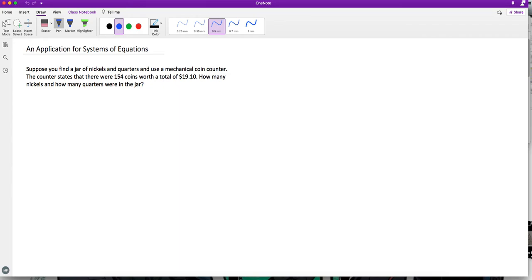There are other applications, ones that involve distance as related to rate and time. And of course, there are also just number puzzle problems. If you have two numbers and they add up to some value and one is some amount more than the other, those also work. But let's go ahead and look at this mixing problem.